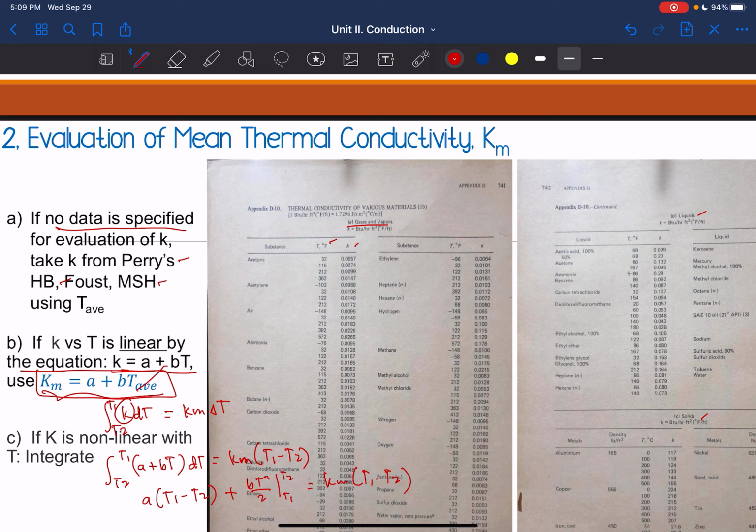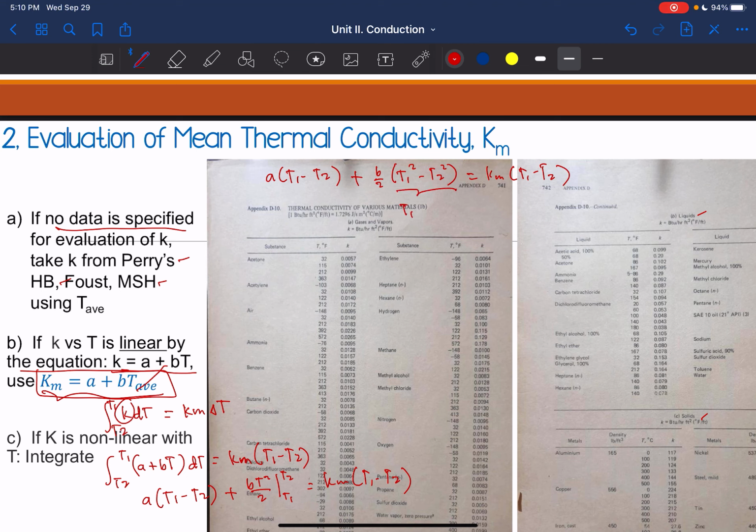For that, I could now have an equation of the form A (T1 minus T2) plus B over 2, so that's a constant, times (T1 squared minus T2 squared), equals Km times (T1 minus T2). But take a look at this.